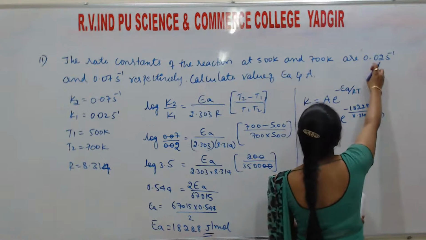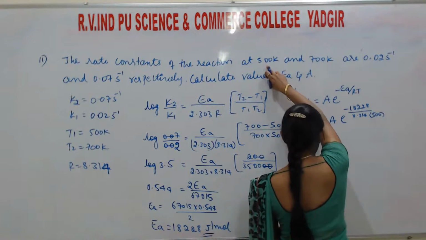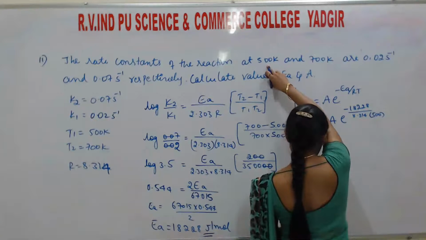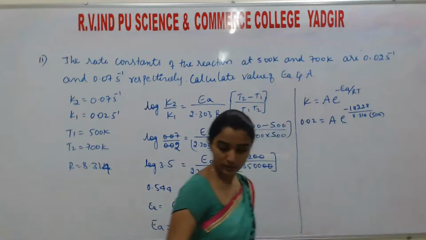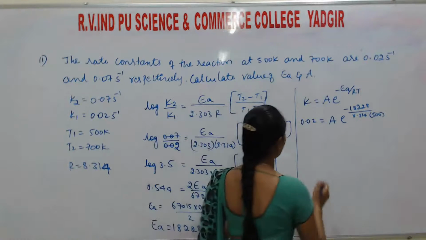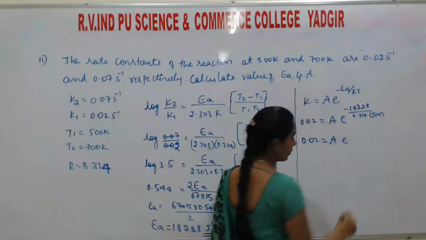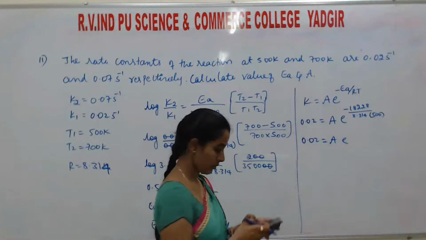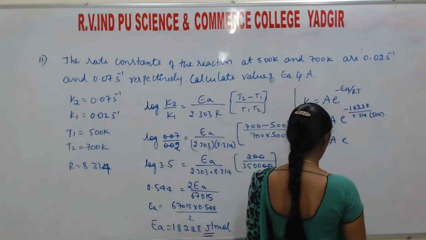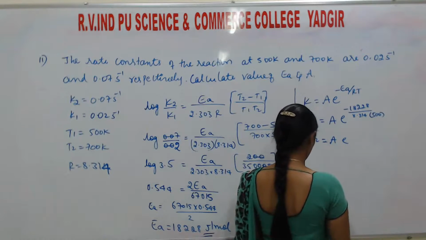Because we are considering 0.02, that is at 500 degrees. So students, if you consider this value, you will get A e to the power of minus 18228 divided by 8.314 into 500.